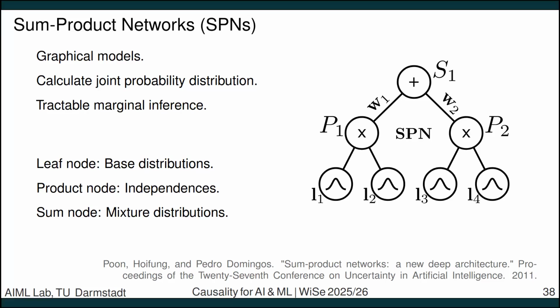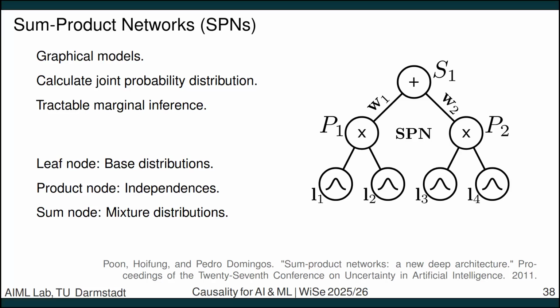This also means the variable sets that go into those product nodes from every one of those edges are independent, so disjoint. And then sum nodes are mixtures of distributions. Here it's the other way around. It's a weighted sum of the nodes that go into it.